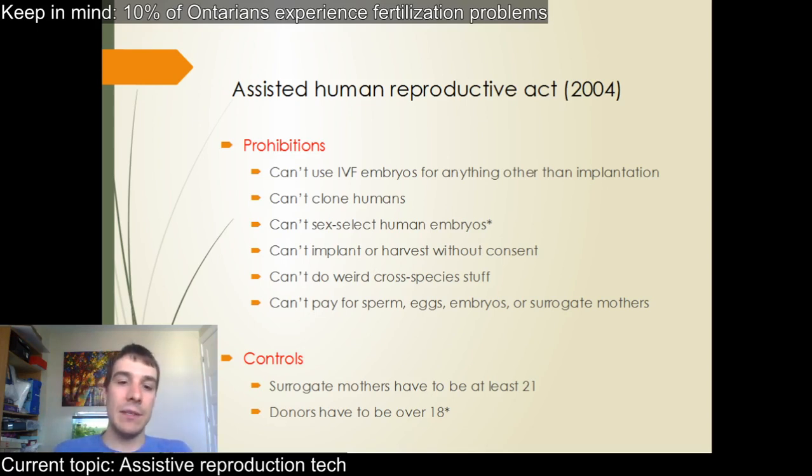Also, here's an interesting one: you can't pay anyone for sperm or eggs or embryos or surrogate mothers. This is a Canadian thing. In the States, you can actually get paid to donate sperm and get paid to donate eggs and stuff like that, and they can pay their surrogate mothers, but in Canada, that's not allowed. You are allowed to pay for like the hospital stay for the surrogate mother.